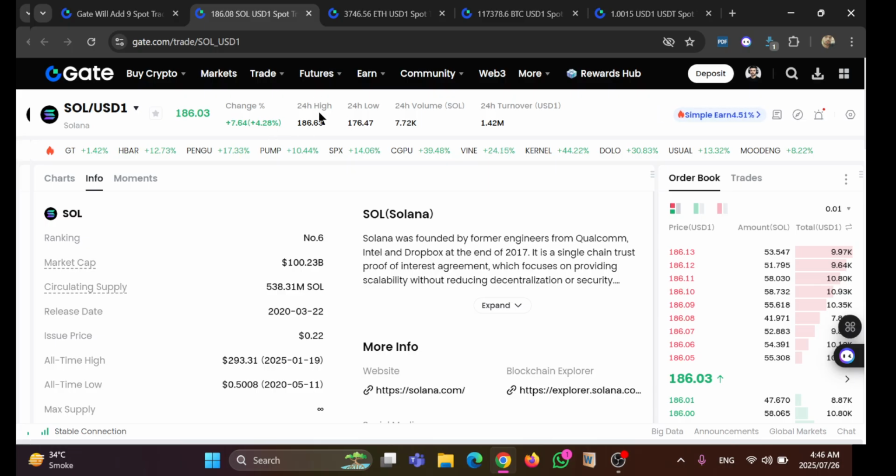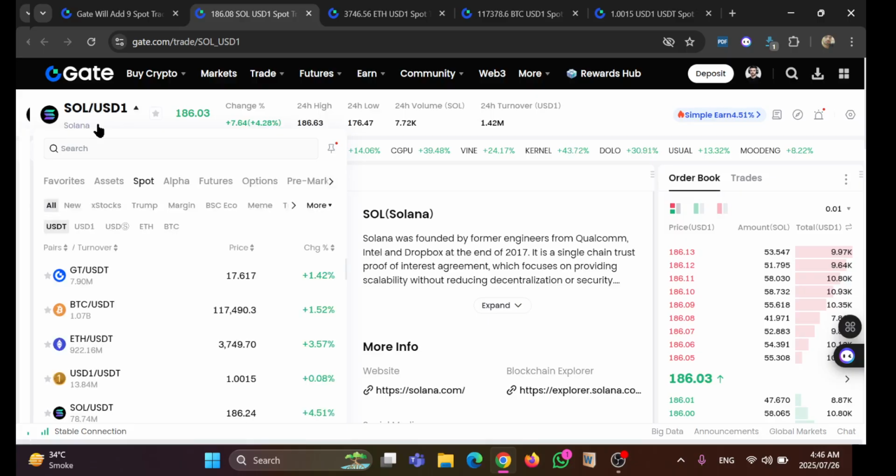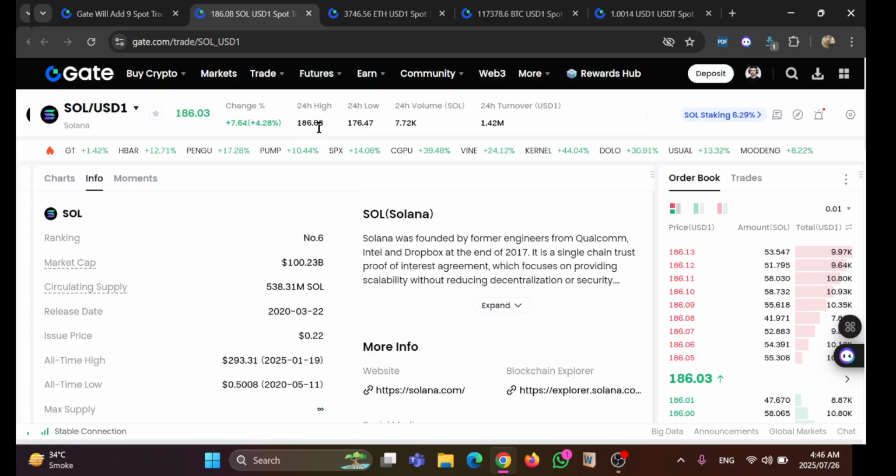In the last 24 hours, the highest market price of Solana was 186.63 USD1, and the lowest market price of Solana was 176.47 USD1. In the last 24 hours, 7,720 Solana has been traded, and the turnover is 1.42 million USD.